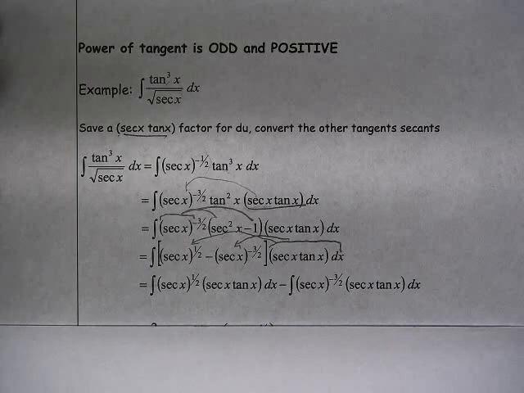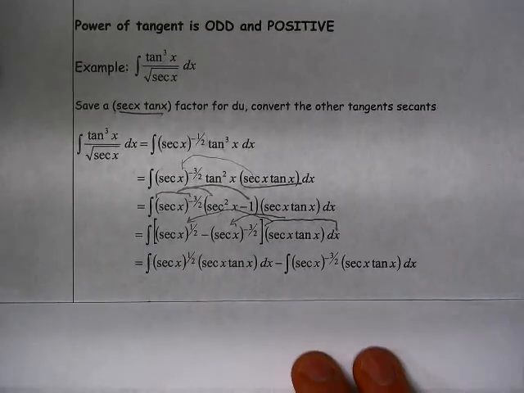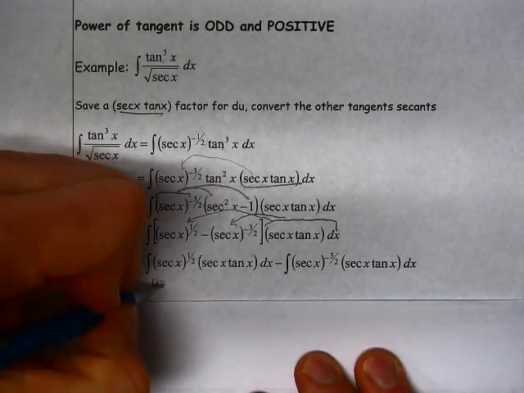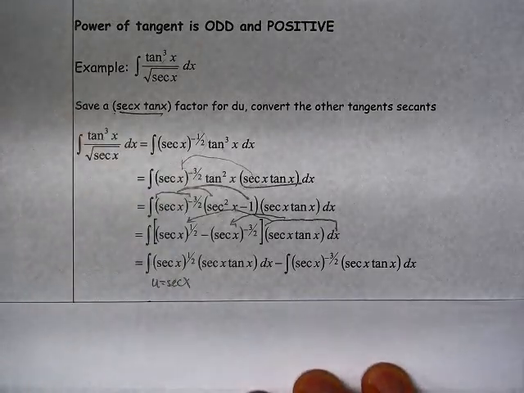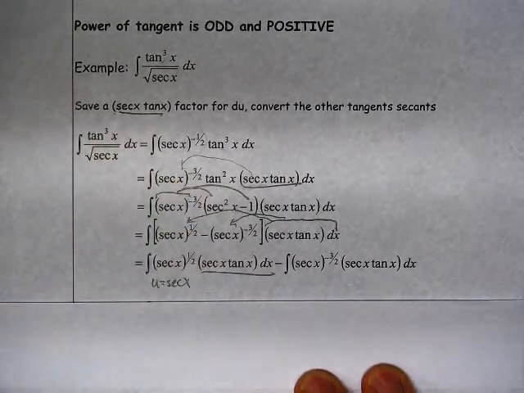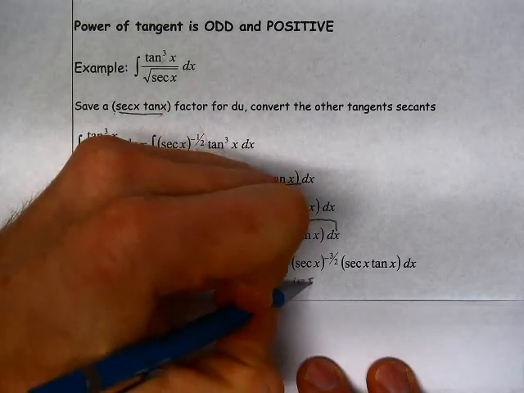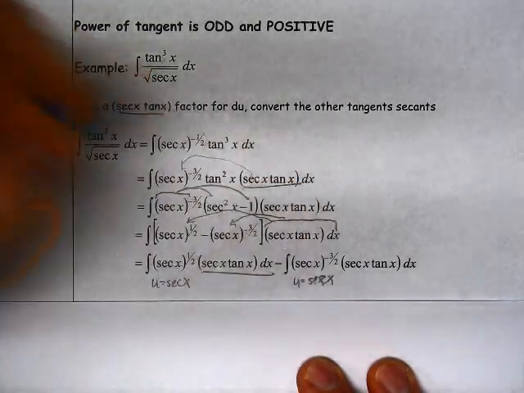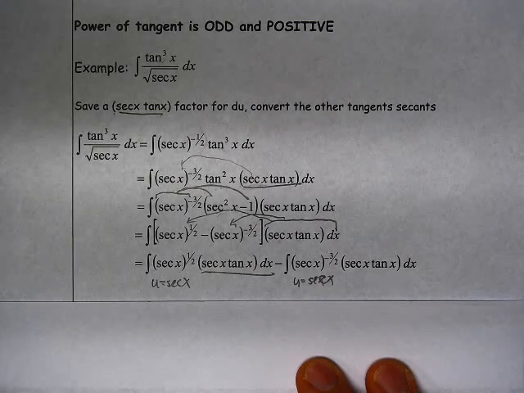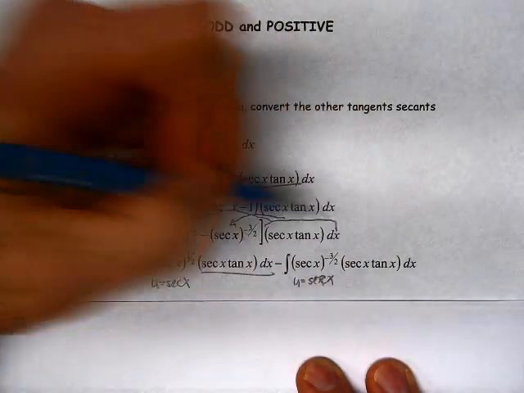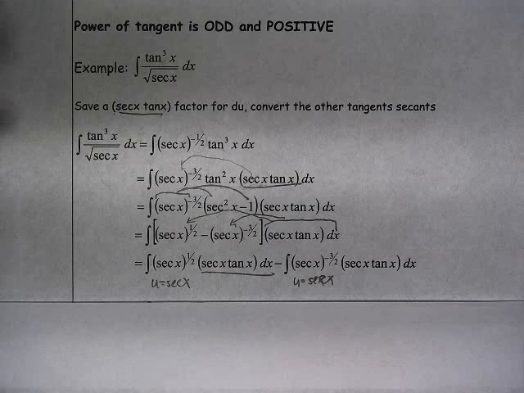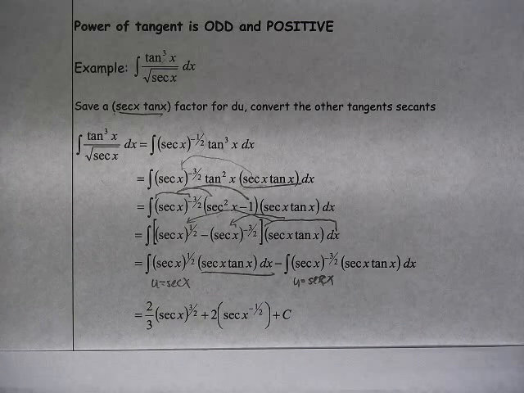And now you can see here that I can use u substitution. I can use u equals secant x, and then my du is secant tangent dx. And again here I use u equals secant x, and my du is secant x tangent x. And again, using u substitution, I get this final answer with the plus c.